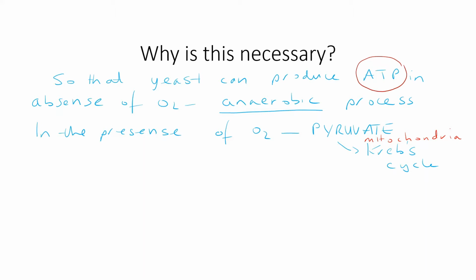The other product of glycolysis is a substance known as NADH, and we're going to get into that in a little bit. What NADH does is it gets shuttled off to the mitochondria, and it's able to participate in something called the electron transport chain.